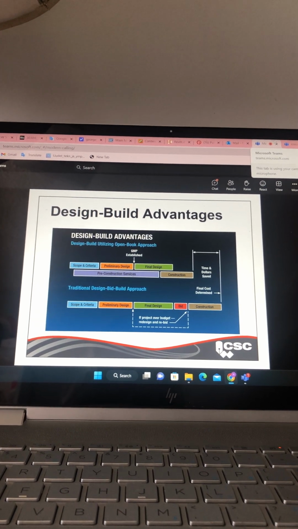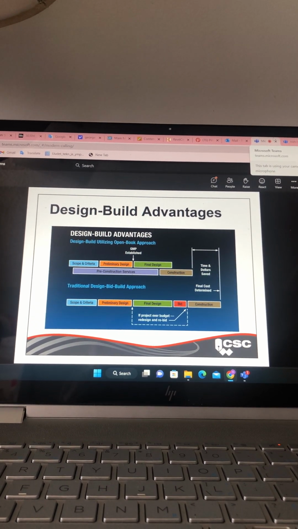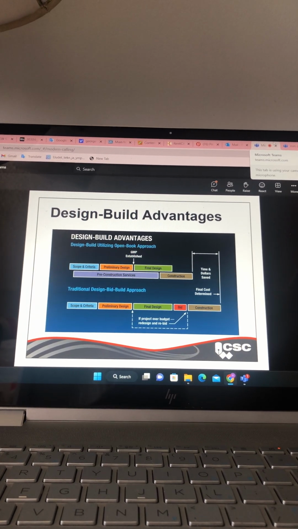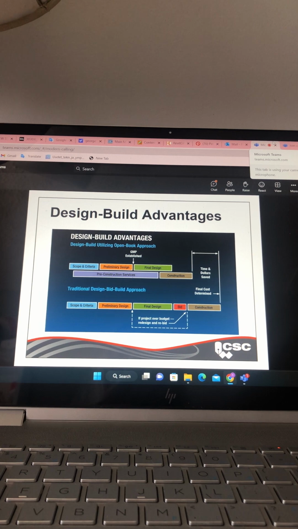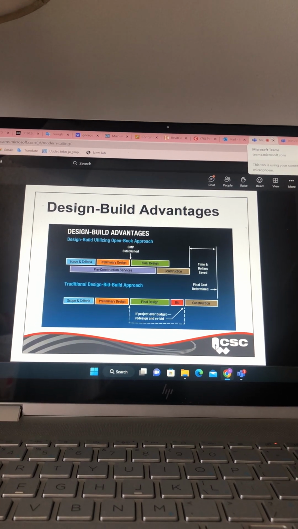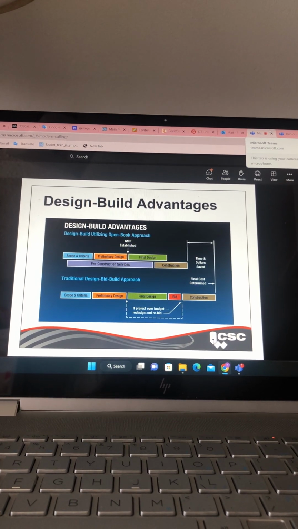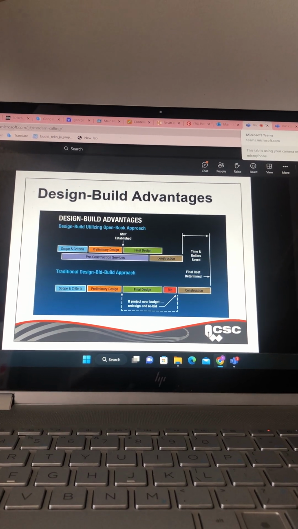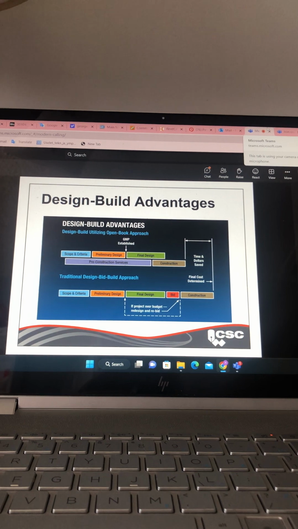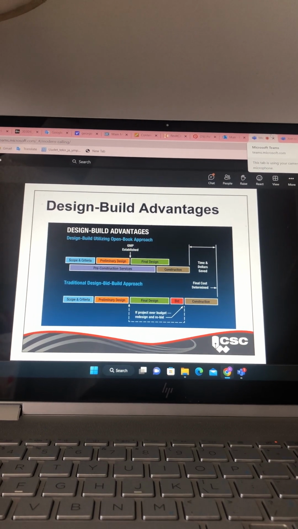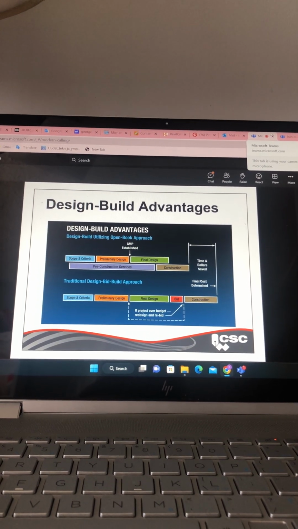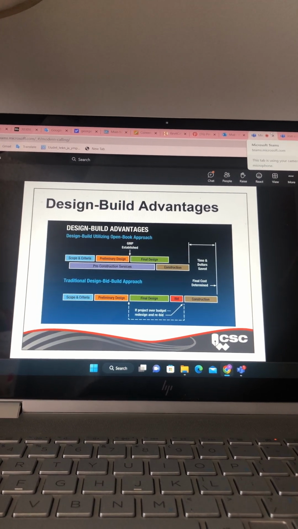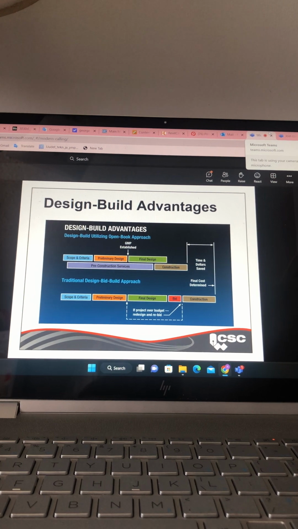Now, if the building ends up costing $8 million to build, well, guess what? The design build entity will pocket the other $2 million. However, on the flip side, if the building ends up costing $14 million to build and construct, the design builder will be out of pocket the additional $4 million because they have entered into a guaranteed maximum price with the owner.